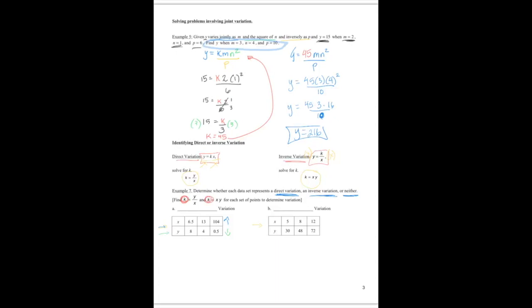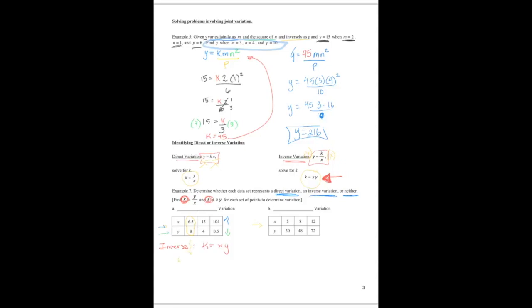So we actually have to find k. We think it's inverse. So if it's inverse variation, we need to see if this is true for all x and y pairs. Is that k constant? So for inverse variation, k equals xy. So let's go ahead and multiply x times y for each of those sets.